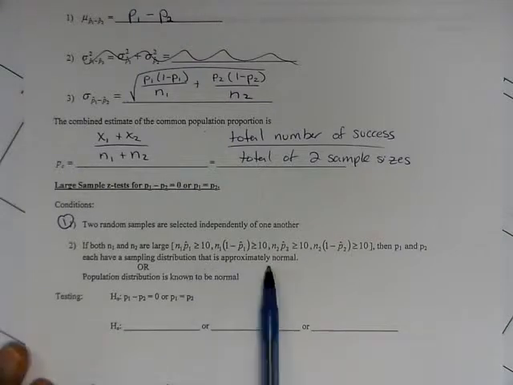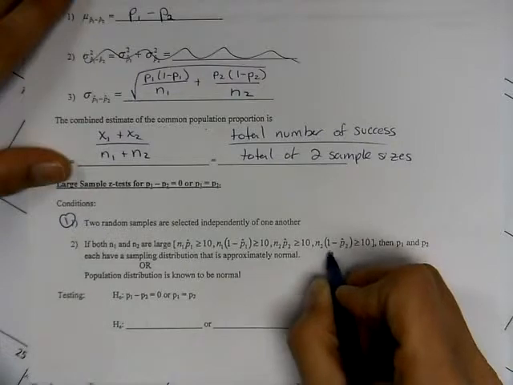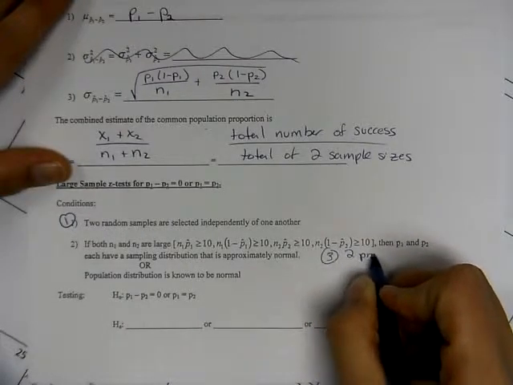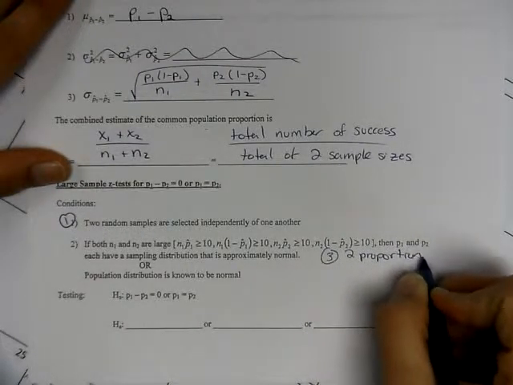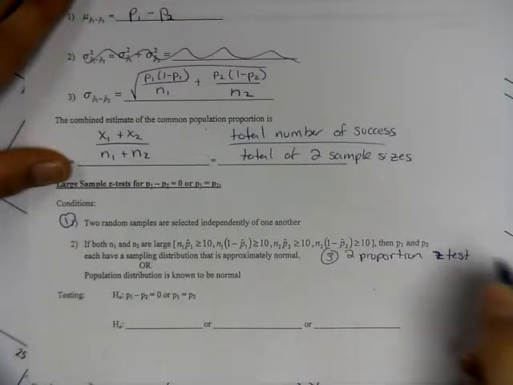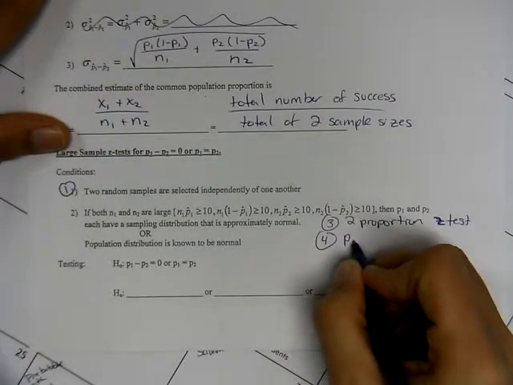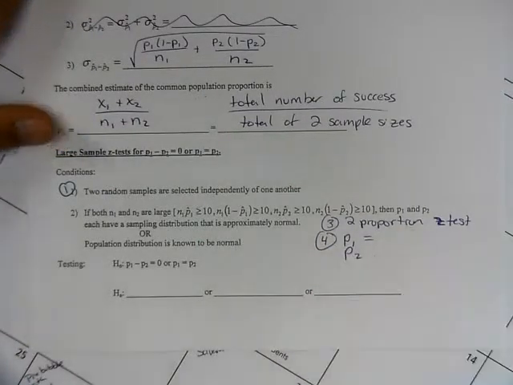Or you can have sampling distributions that are approximately normal. So this is a 2 proportion Z test. Remember, proportions are never T's. And then condition 4, you have to basically tell me which one's P1 and which one's P2.